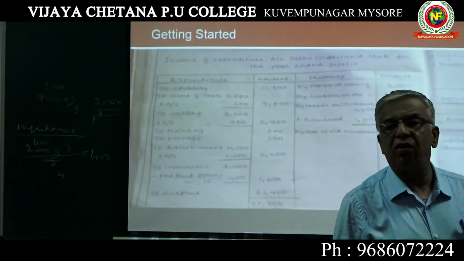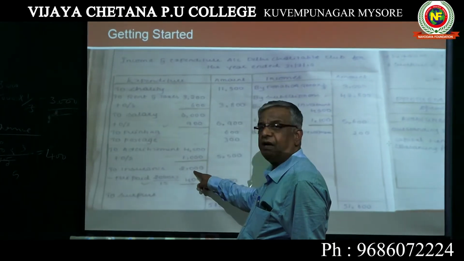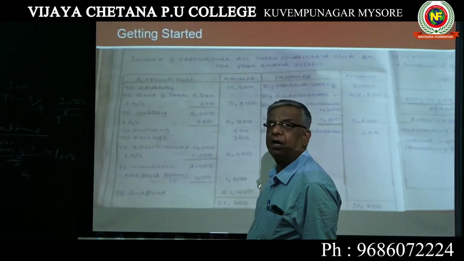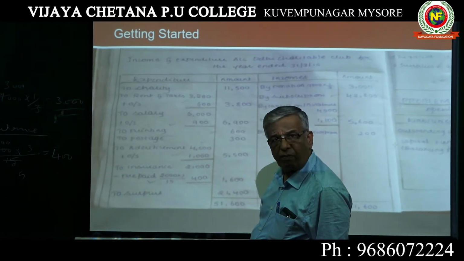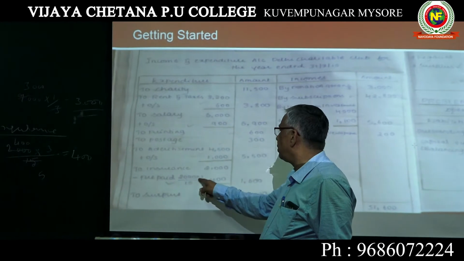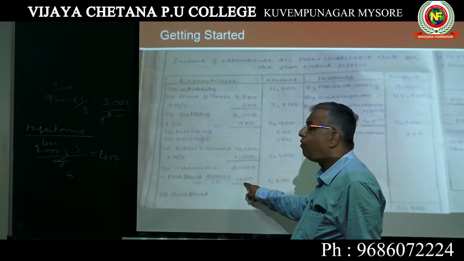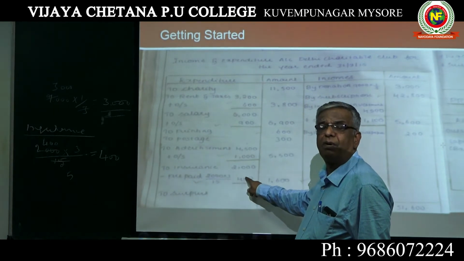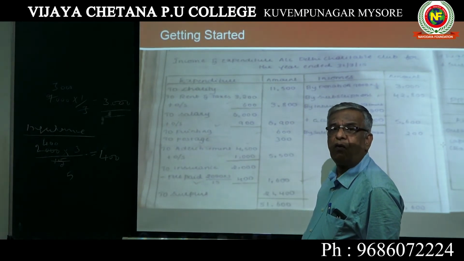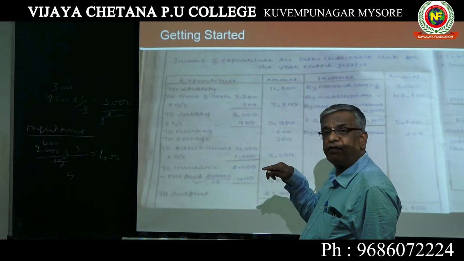So 400 rupees here. See here. Insurance they are paid for 15 months is 2000. But for 3 months they are paid in advance. So prepaid insurance, 2000 into 3 by 15, for 3 months they are paid in advance. How much? 400 rupees. This is not an expenditure for the current year. What is the prepaid insurance they have paid? That is an expenditure for the next year.